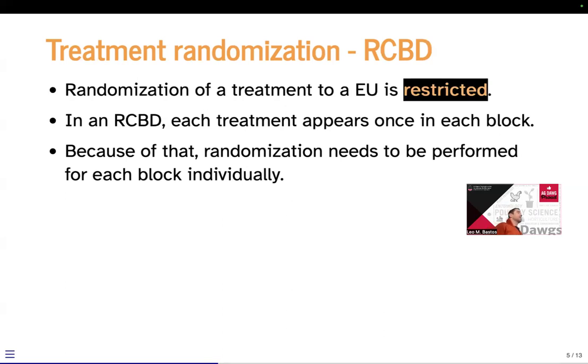You go there, you take your hat with the little papers with the numbers of your treatments, and you say, okay, plot number 1 on block 1 is gonna get treatment X. Plot number 2 on block 1 is gonna get treatment Y, and so on. And then once you randomize all those 9 treatments to the 9 plots on the first block, you do the same thing separately, individually for block 2, and then 3, and then 4.